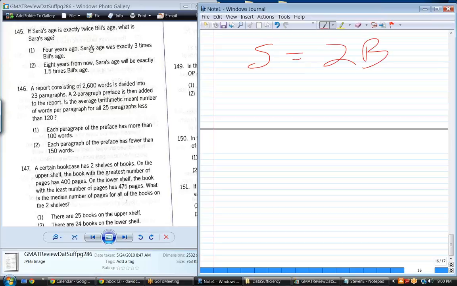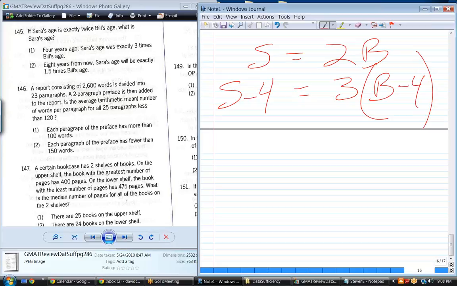And number 1 says that 4 years ago, which is Sarah minus 4, is equal to 3 Bill minus 4. Just two different equations. 2 equations, 2 unknowns. You've got to be able to solve for Sarah. Sure can, without doing it.